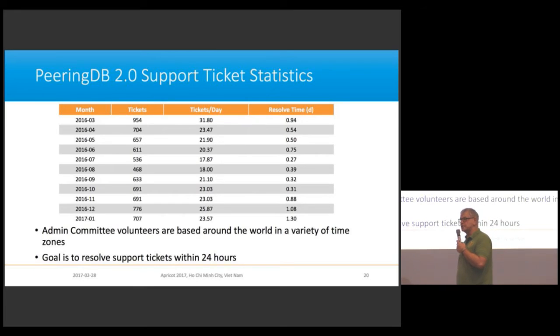With 1.0 we only had between 5 and 10 tickets. This shows that PeeringDB 2.0 is well accepted. And the last column also shows the resolve time. So our goal is to resolve a ticket within 1 day.